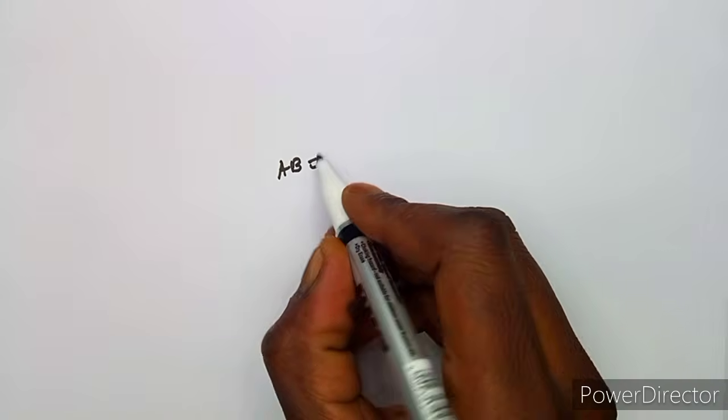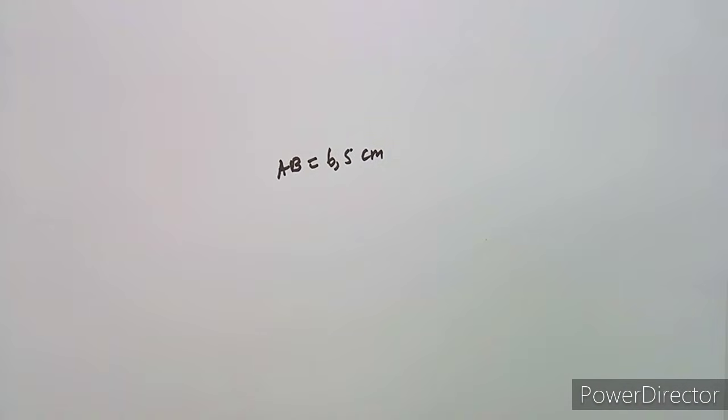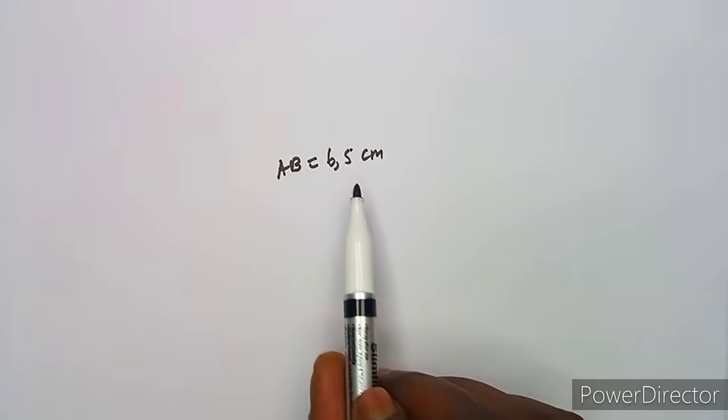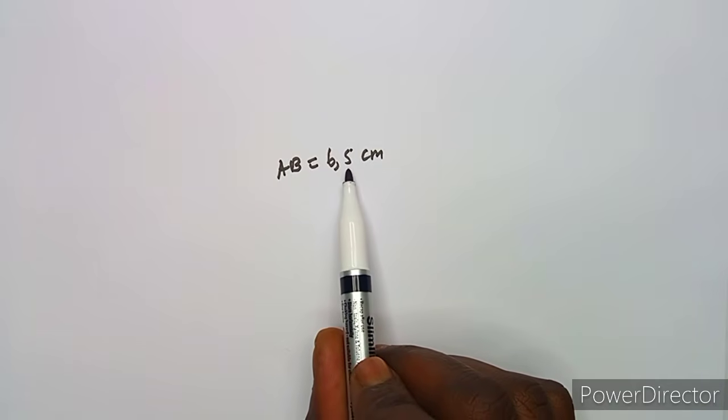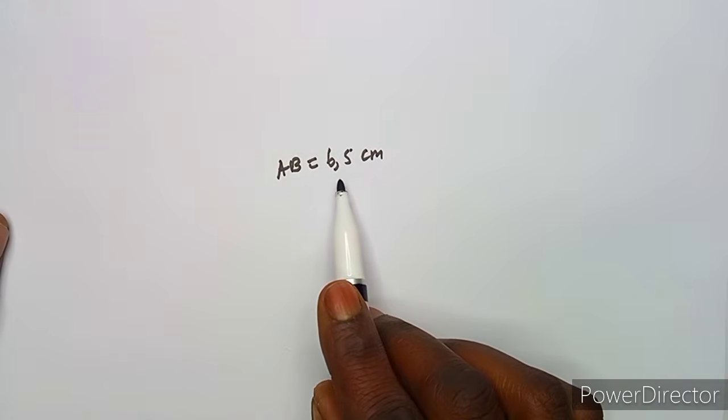All right, so I want us to focus on this AB. If we write this AB as 6,5, that is the actual value which was given, the one that was rounded off and changed to 6,5. So we have to ask ourselves which are the possible values that we can round off to one decimal place and get 6,5.